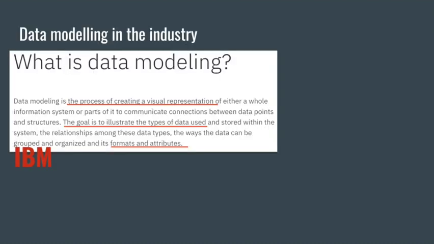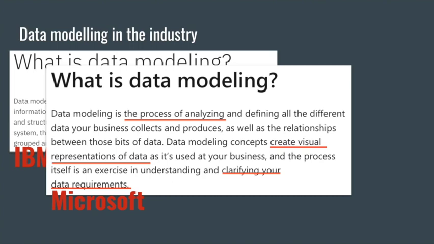IBM defines data modeling as this. It's a process of creating a visual representation of either a whole information system or parts of it. The goal is to illustrate the types of data used. It talks about formats and attributes. Microsoft's definition? It is the process of analyzing.